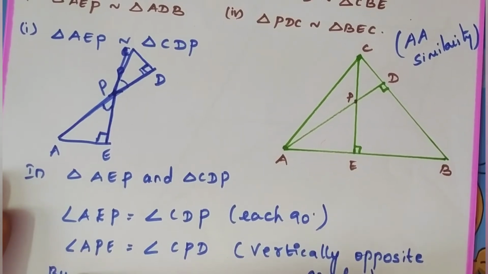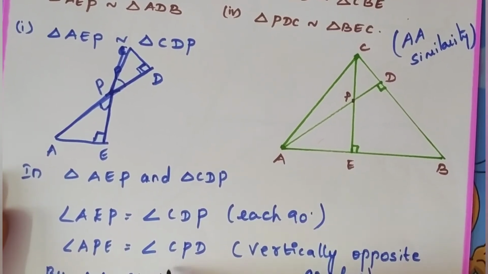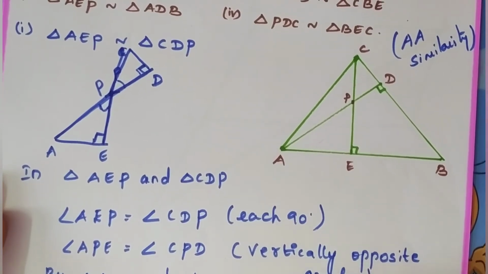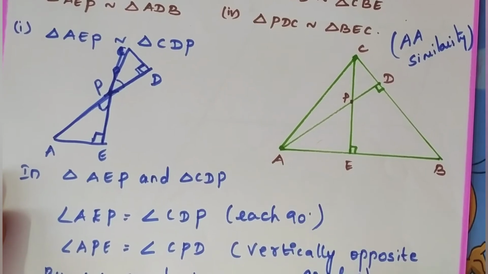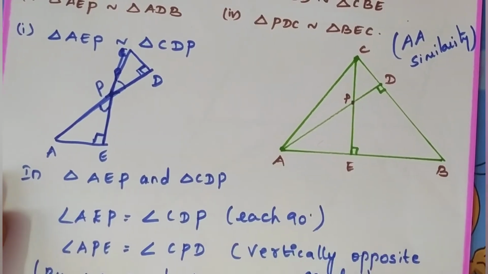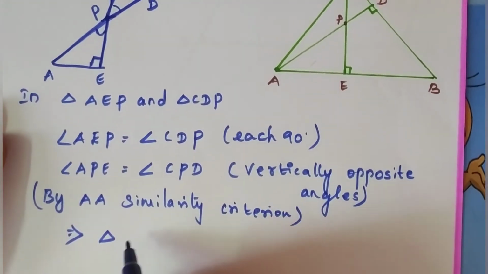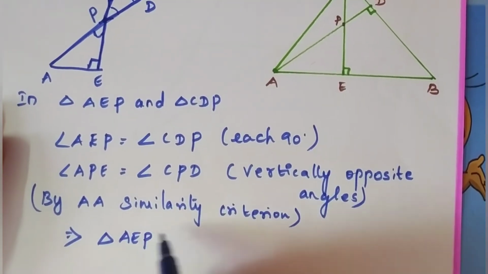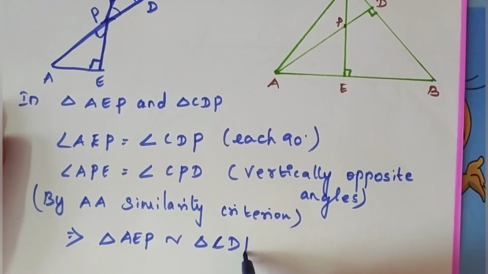So by AAA similarity criterion, I can conclude that triangle AEP is similar to the triangle CDP.